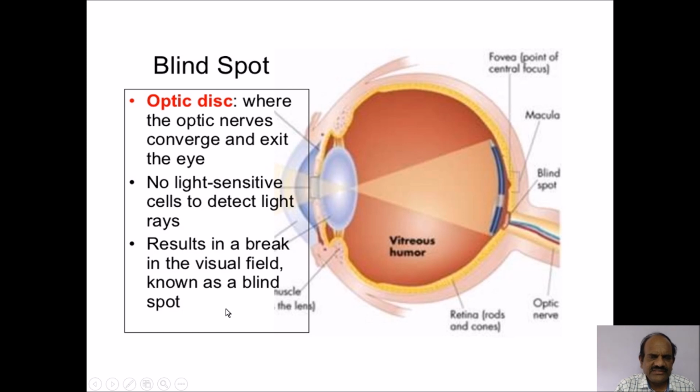The peculiarity is that this portion, as shown in this figure, is the exit or entrance point of the nerve and the blood vessels, the optic disc or blind spot, which is totally devoid of photoreceptors, and never is an image formed at this area, hence it is called a blind spot.